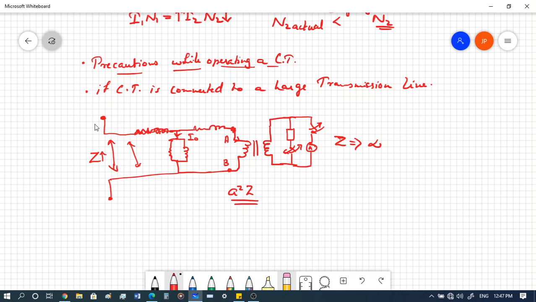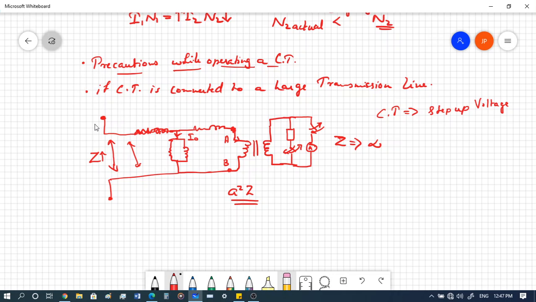And another problem is that the high voltage on the primary side could also reflect a very high voltage in the secondary side, because a current transformer is a step up voltage and step down current transformer, right?